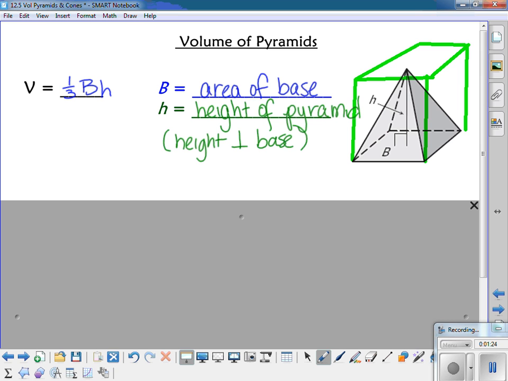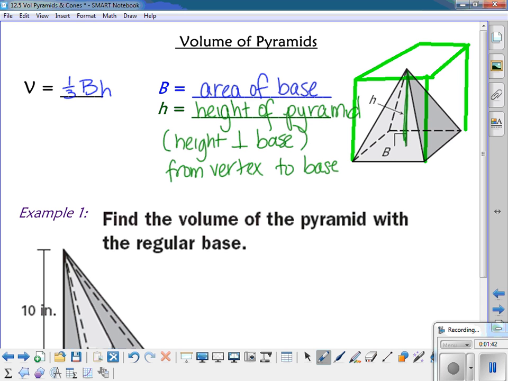And it's the distance that goes from the vertex to the base, because the vertex, of course, is the highest point. So this segment right here would represent the height of the pyramid.